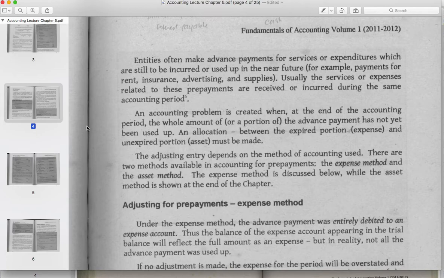So, what is an accounting problem here in prepaid expenses if there would be no adjusting journal entry?